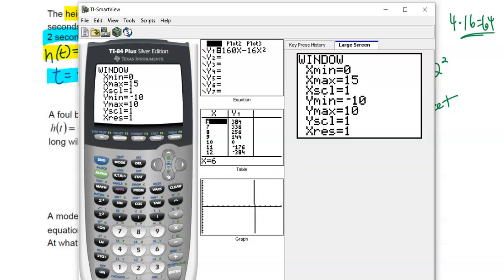The y minimum, so our y for this is height. So what's the minimum height? 0. So you could leave it at -10 if you wanted, or you could change it to 0. Kind of depends on what we're looking for. And then the maximum height. So we know at 2 seconds, how high is it? 256.